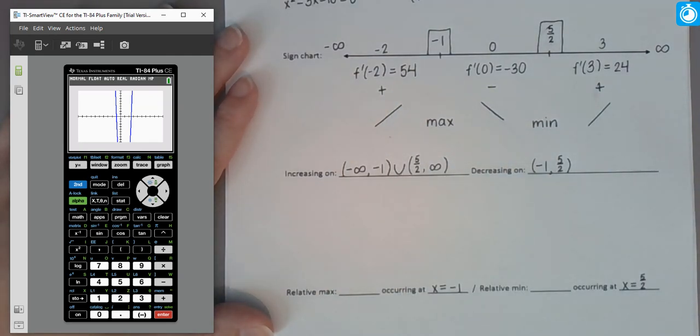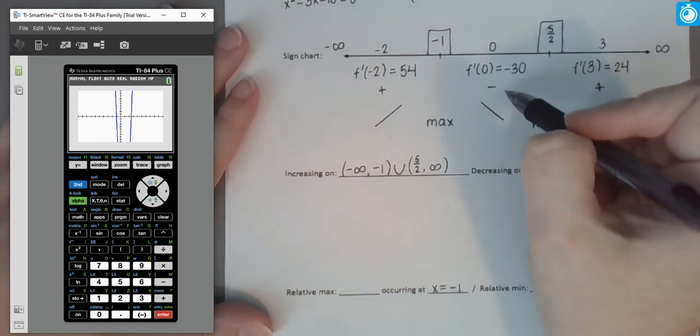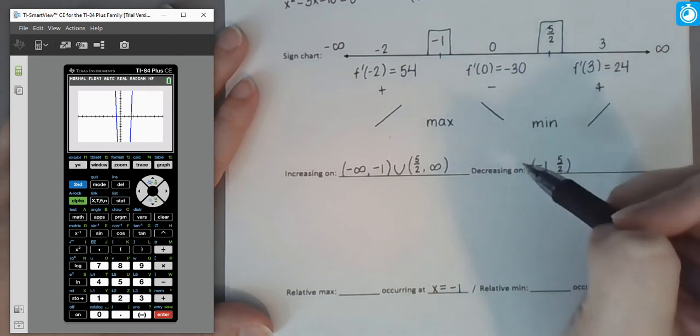Now, as we go from -1 over to the next critical value, which was at 2.5, 5/2, notice over that interval, the graph is going to be below the x-axis, which means all of those y values are negative. Again, those values represent the value of the derivative at those particular locations. So from -1 to 5/2, we're below the x-axis, which means our derivative has a negative value.